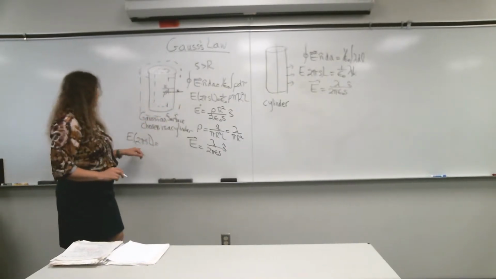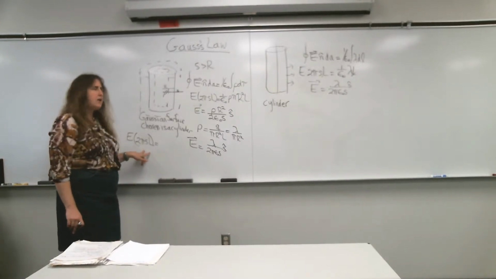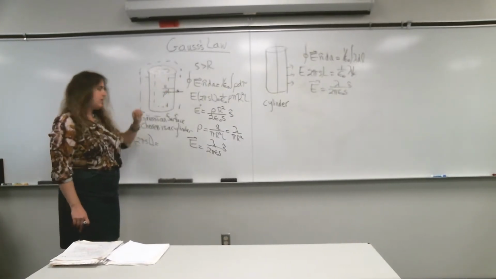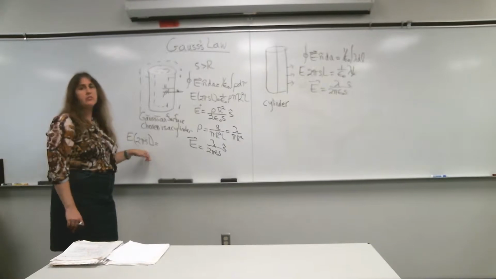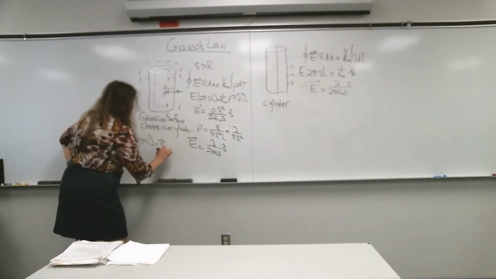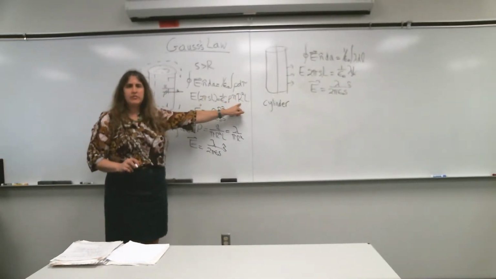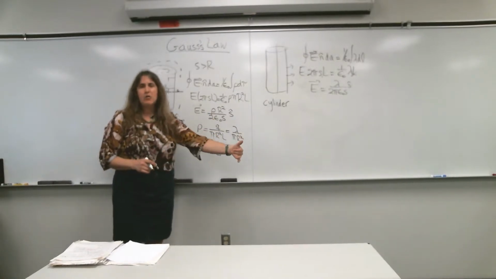On the left-hand side, once again, I can pull my electric field out, and the surface area of this interior surface is equal to 2 pi s times the length of the cylinder. On the right-hand side now, I can't write this as r squared because I'm not integrating out to the radius.